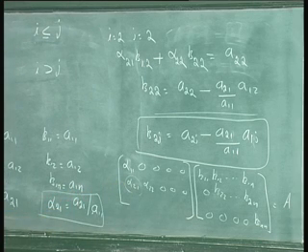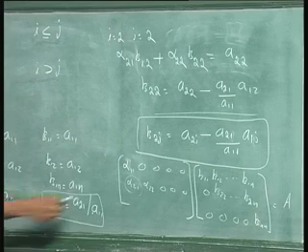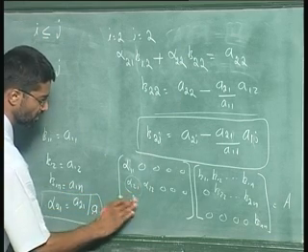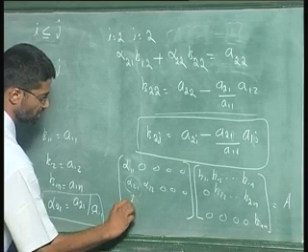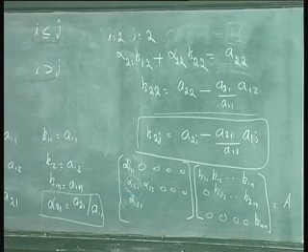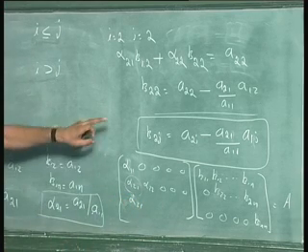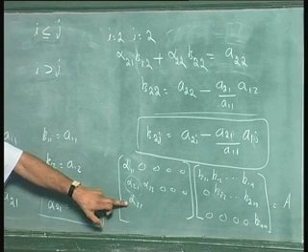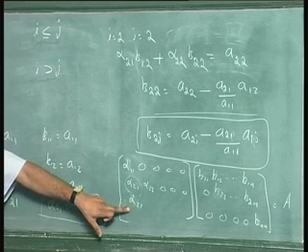Similarly, the next element, alpha 31 here, is the factor by which you have to multiply the first row in the Gauss elimination to get rid of the elements in the first column.